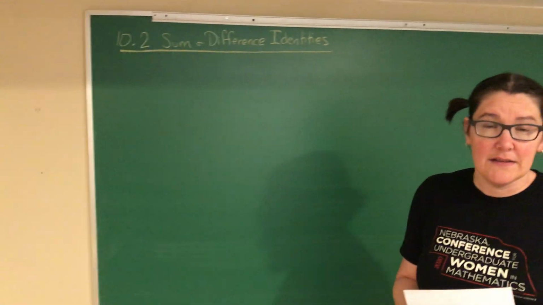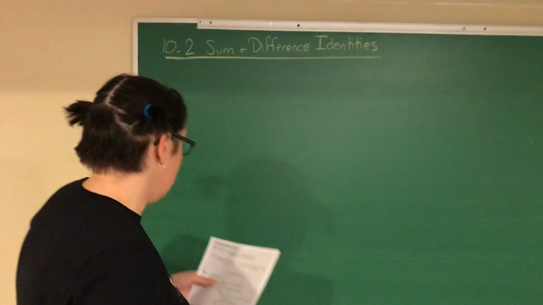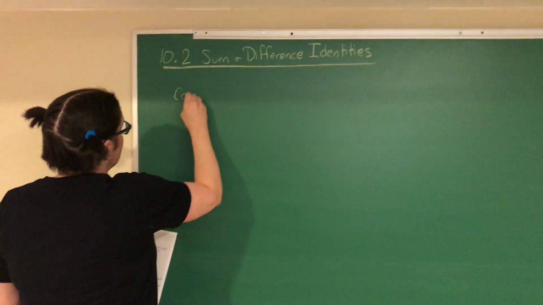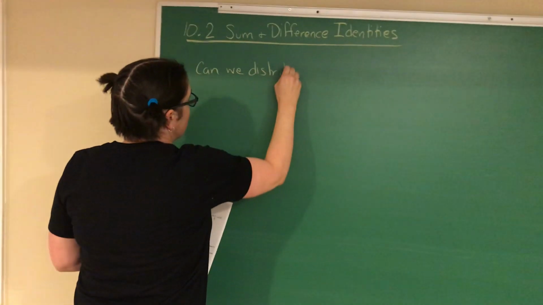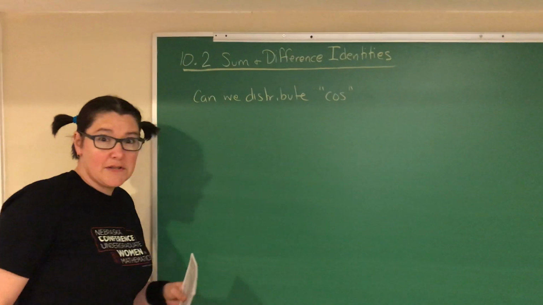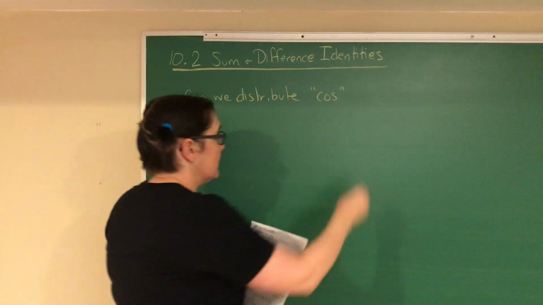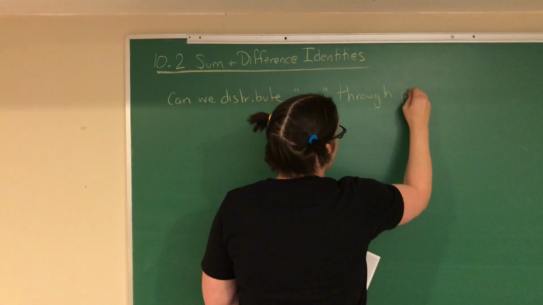Okay, so we are going to be talking today about section 10.2, which are the sum and difference identities. And here's a question that I want to start with. Can we distribute the cosine part of the cosine function through parentheses?